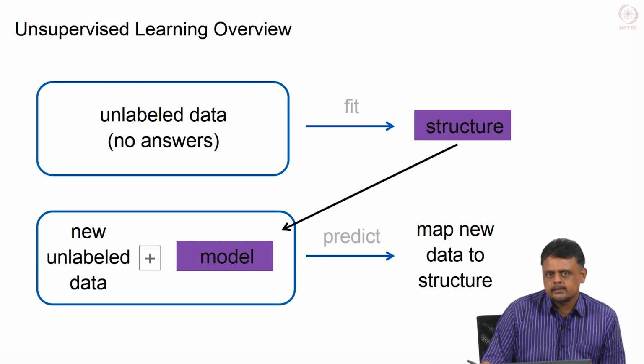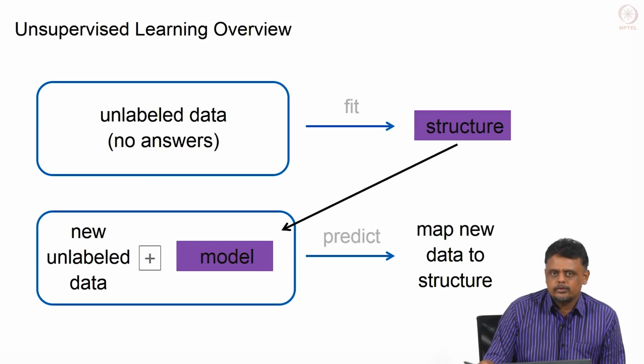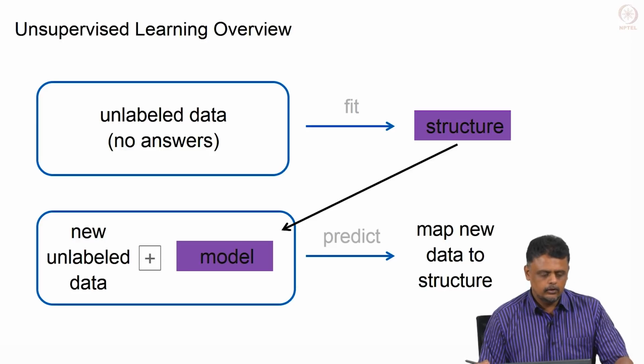The unsupervised learning algorithm determines a structure leading to the model, and whenever there is new unlabeled data, we run it through the model to see in which one of those bins or clusters it falls, or we extract an underlying structure based on the model. So, this is the general flow of an unsupervised learning algorithm.